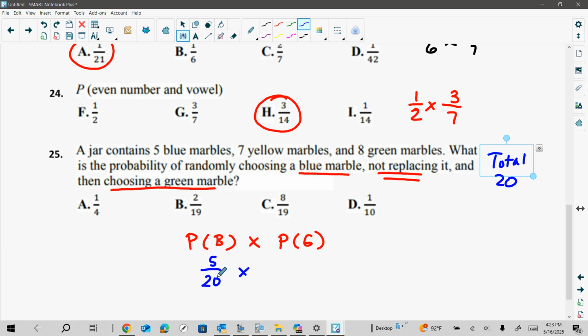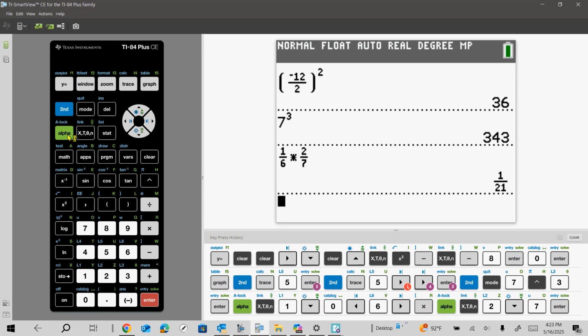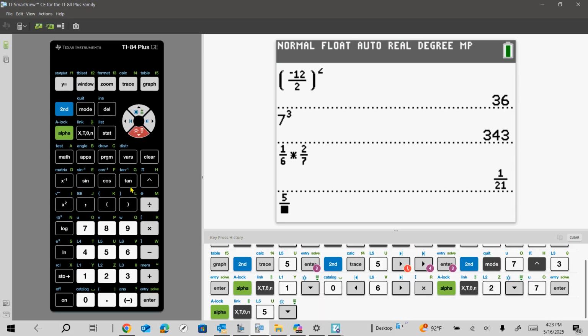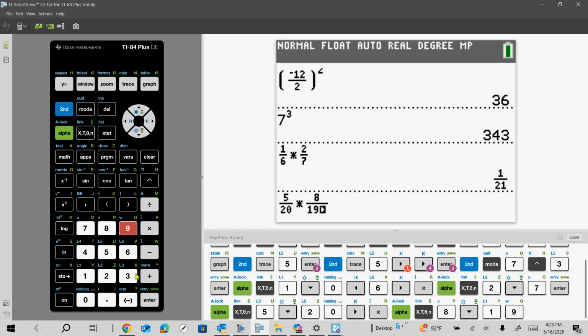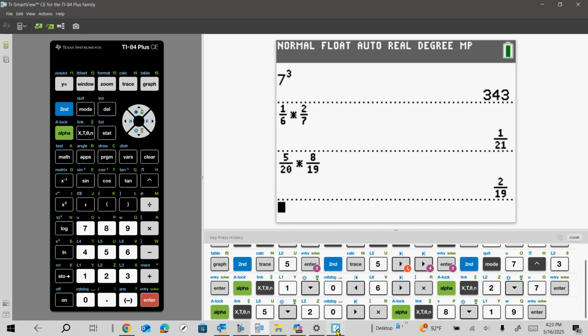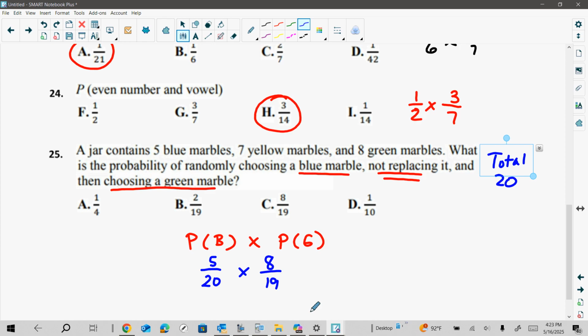But let's say on my first draw, I pick a blue. Now my total is 19 because I took that one out. To get a green, that's still going to be 8 because I didn't pick a green the first time, I just picked a blue. So it's 8 out of 19. We multiply those two: 5 out of 20 times 8 out of 19. And we get 2 out of 19 simplified, which is B.